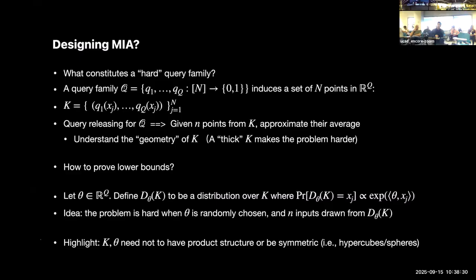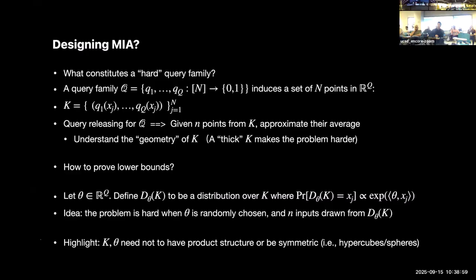And when you move theta around freely in Euclidean space, once you have a theta, you put more favor on those points that are more aligned with the direction of theta. A natural conjecture to make here is, if you choose theta properly from an appropriate region, and you define your distribution to be D sub theta K, the problem is going to be hard.